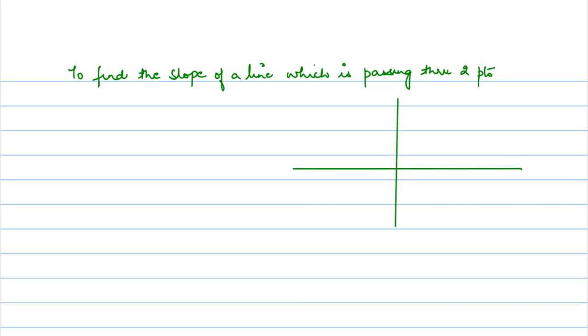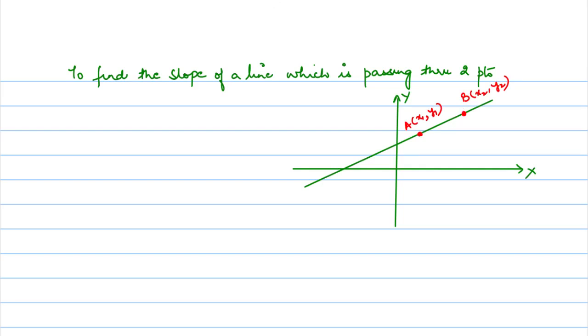For example, let's say this is your axis, and let's say this is your line, and let's say this is your y-axis, this is your x-axis, and the 2 points that are known through which the line passes, these are the 2 points through which our line is passing. Let its coordinates be x1, y1, and this is x2, y2.